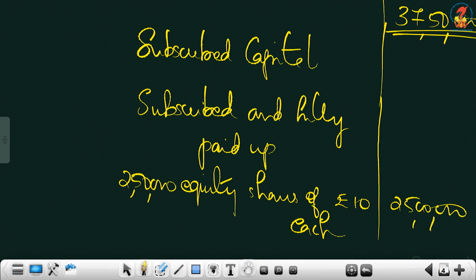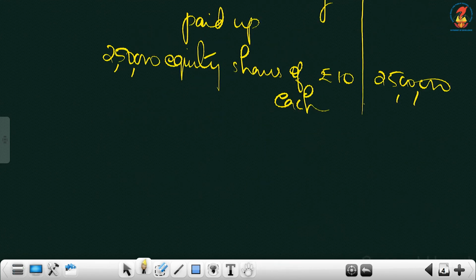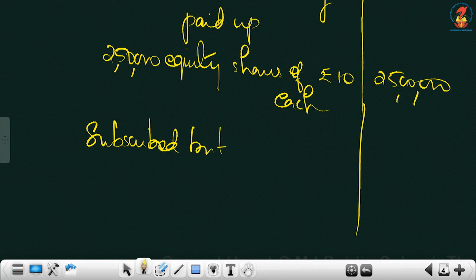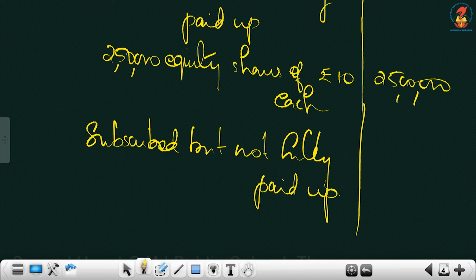Then we'll write preference shares, but for preference shares, you have to write it under subscribed. So you write that heading, but not fully paid up. Subscribed but not fully paid up. It is 10,000.